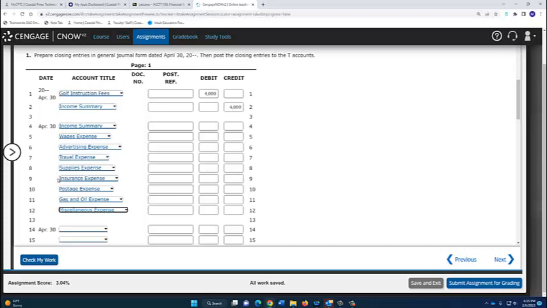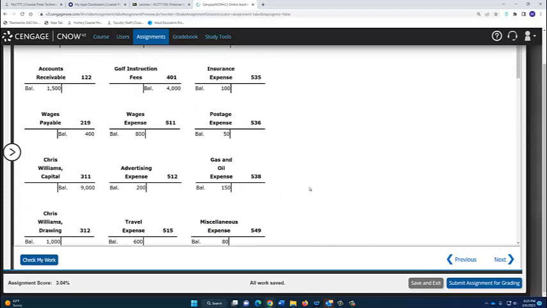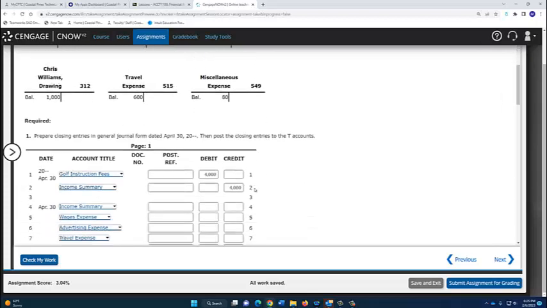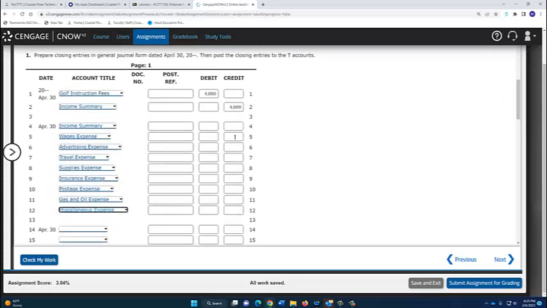Prepaid insurance is an asset and it's not closed out. That balance carries forward to the next year. So all of these will be expense accounts. All right, they have normal debits, so they have to be credited to close out. And so our balances are given here. And I'm just going to enter them here on the credit side.